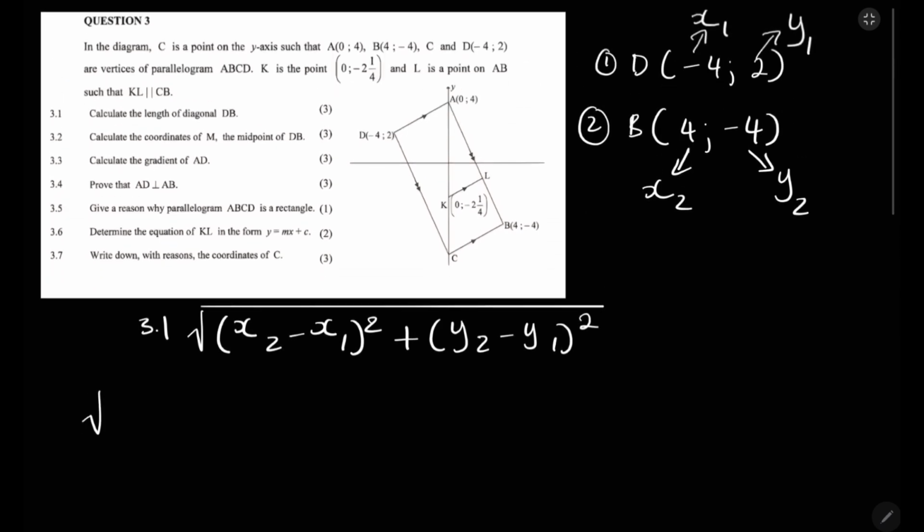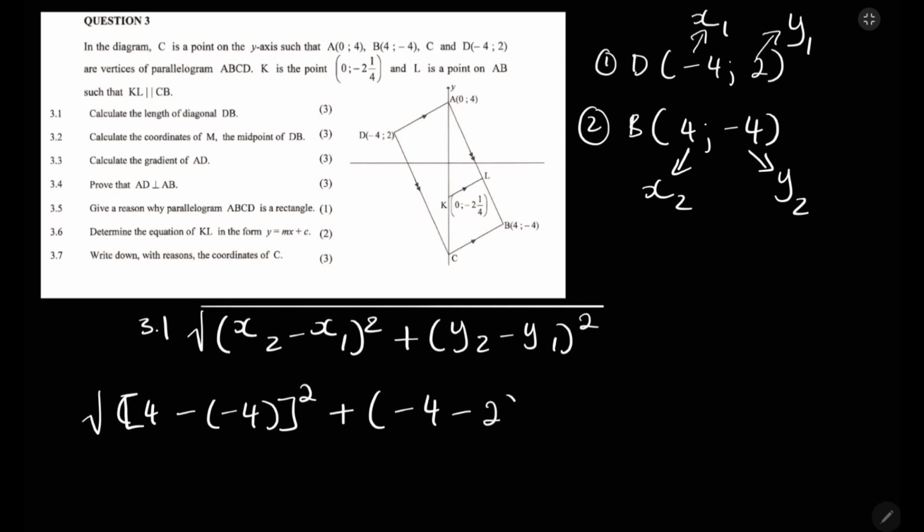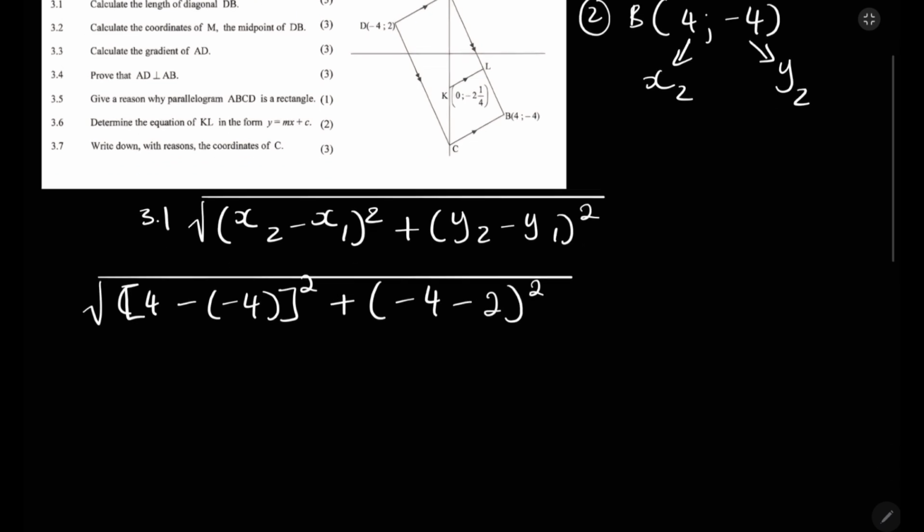We have x2, which is 4, minus x1, which is -4. Then we should have a square bracket. You have squared plus y2, which is -4, minus y1, which is 2, squared. Now let's close our square root.